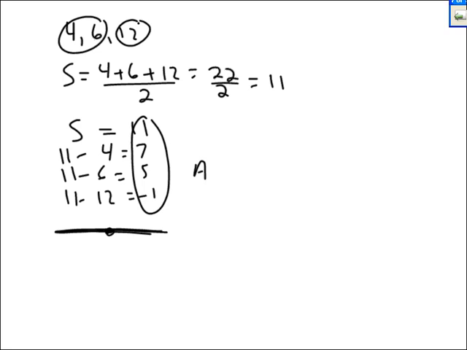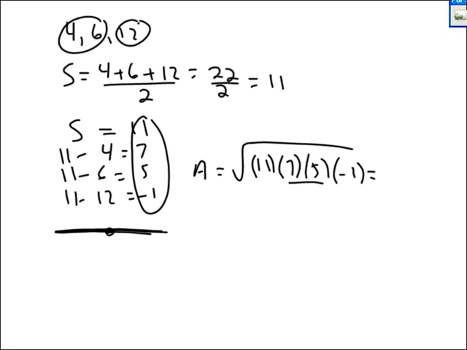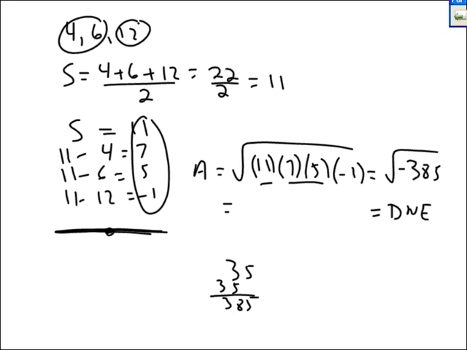So the area is going to be the square root of 11 times 7 times 5, a positive number, times -1. That's negative. 35 times 11 will be 385. Times -1 be the square root of -385, which does not exist.